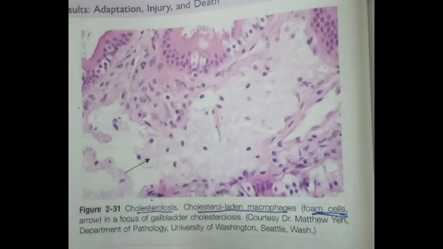This is an example of extracellular hyaline. In long-standing hypertension and diabetes mellitus, the walls of arterioles, especially in the kidney, get hyalinized because of deposition of extravasated plasma protein and basement membrane material.